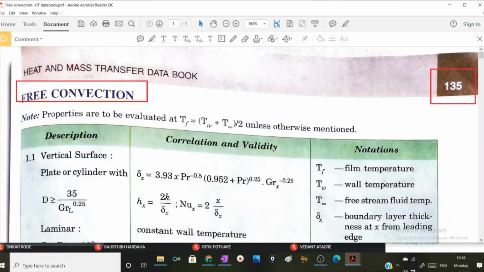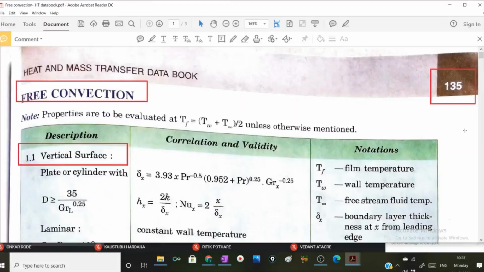So it is free convection. Then the surface is placed vertical, so we need to refer to the formula for vertical. So I have this 1.1 vertical surface.